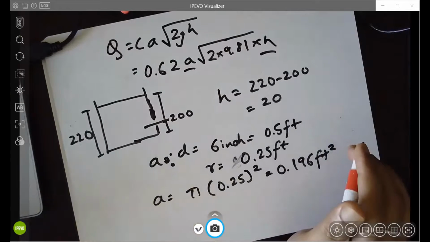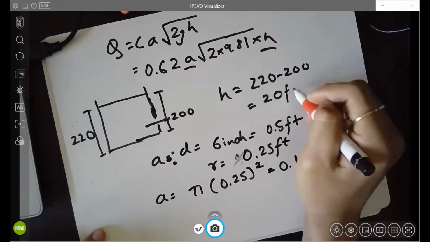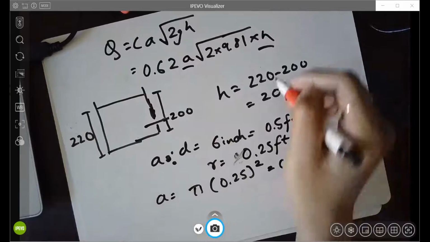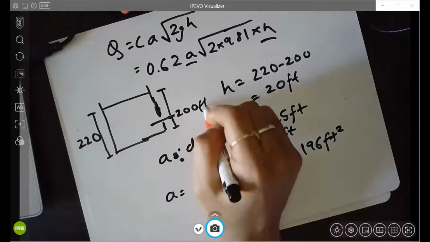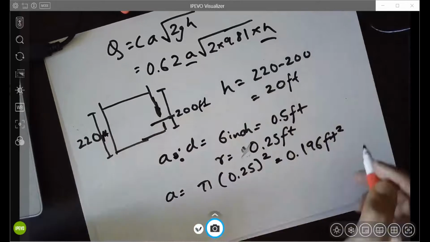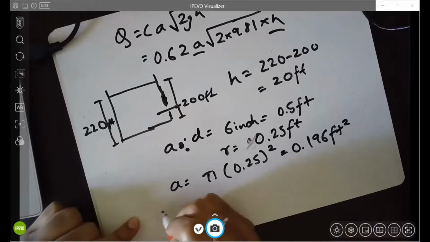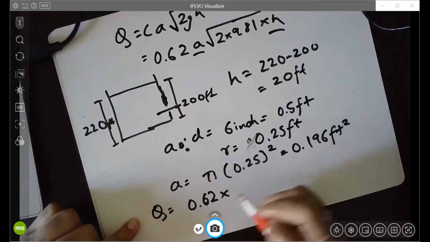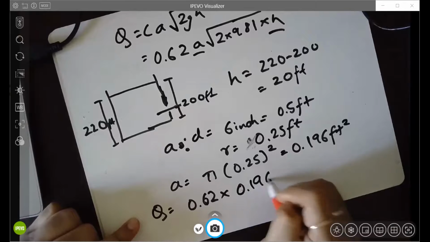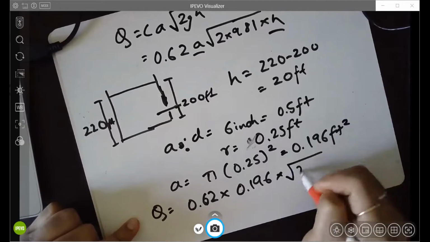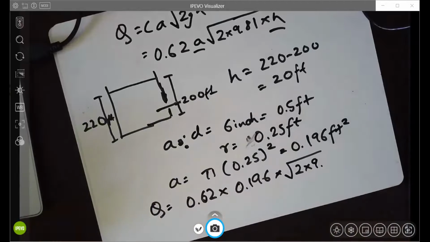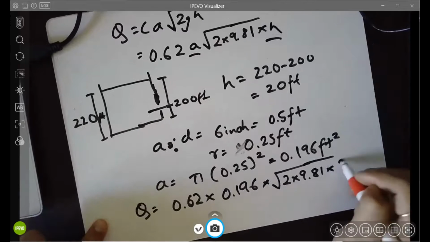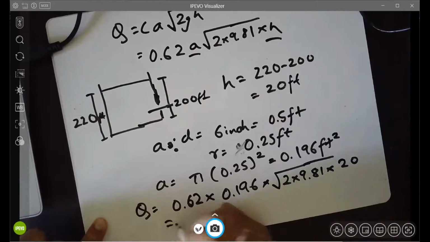Everything is given in feet. This book is in English units, so everything is feet. So Q is 0.62 times 0.196 times root of 2 times 9.81 times 20.